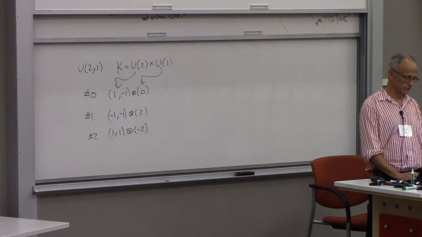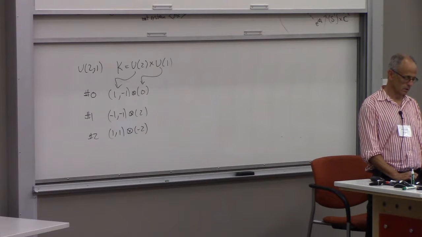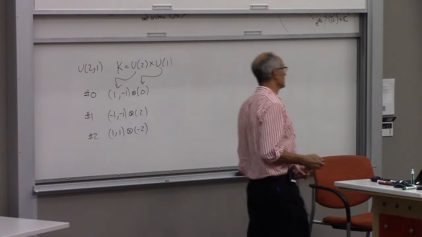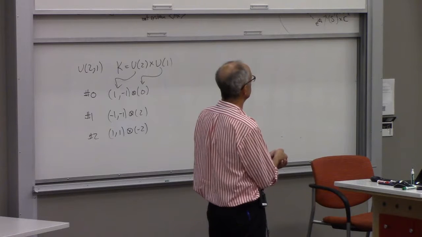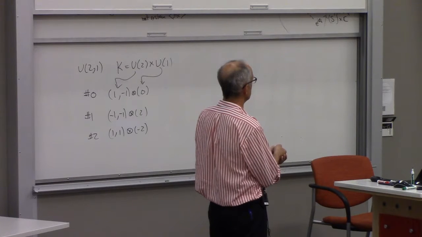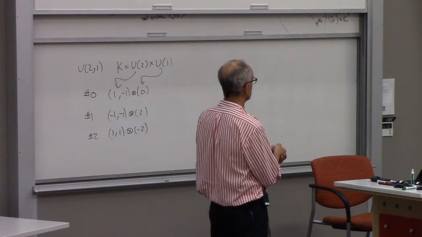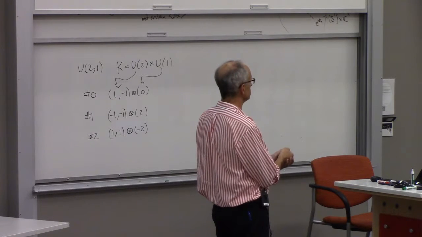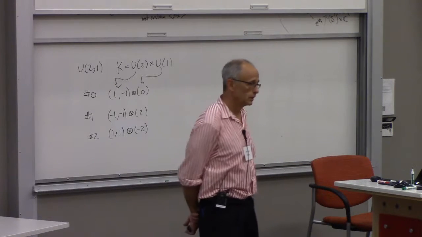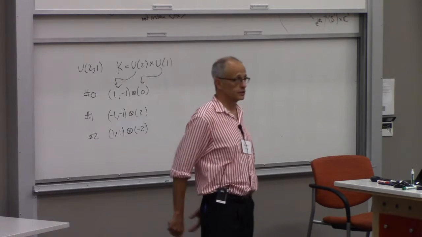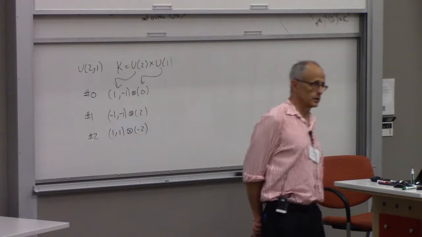There we go. So that's even in nice human coordinates. So these are the K types of this representation. Ignore that S. They're all multiplicity 1. And this is how you compute the restriction to K of any representation.